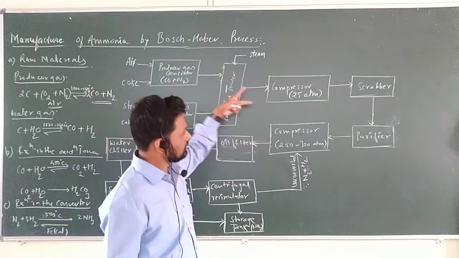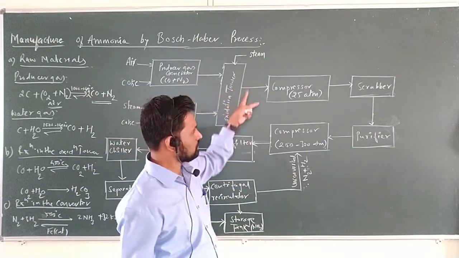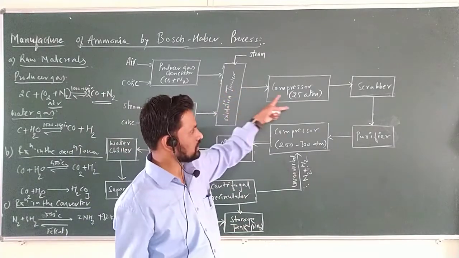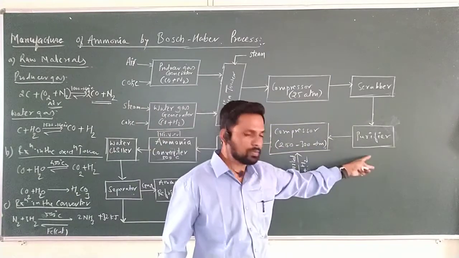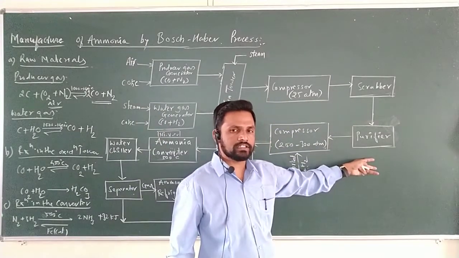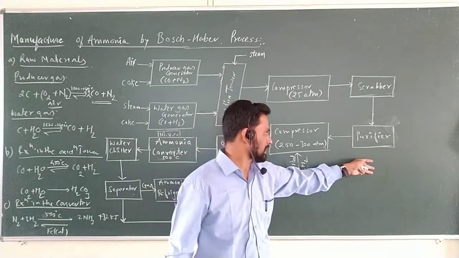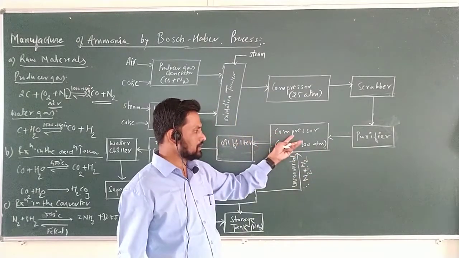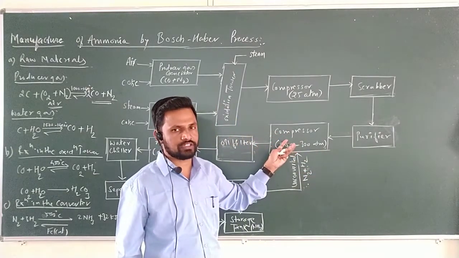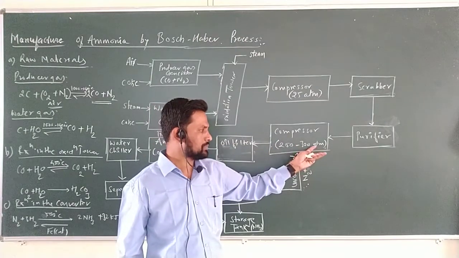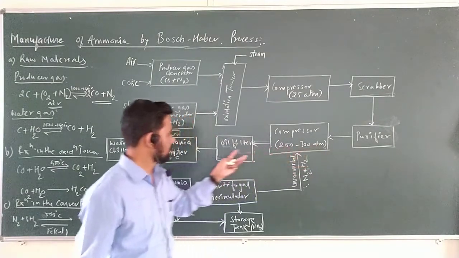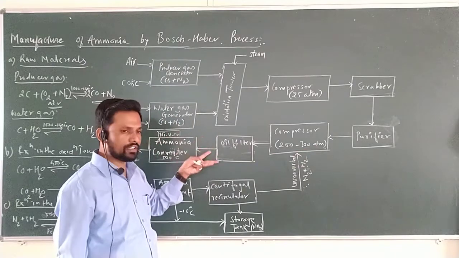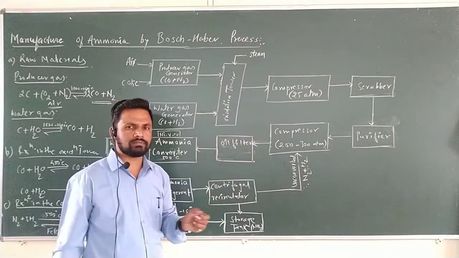Once N2 and H2 are formed, the pure N2 and H2 pass through the compressor, through the scrubber and the purifier, where the raw materials are purified. They then pass through the compressor, where a pressure of 200 to 300 atmospheres is maintained, and finally through the oil filter, where all contaminations are removed.